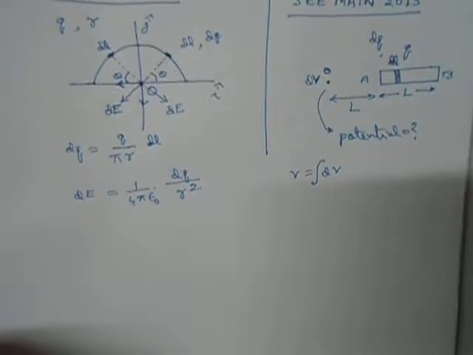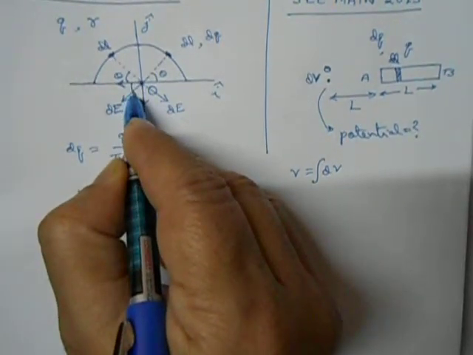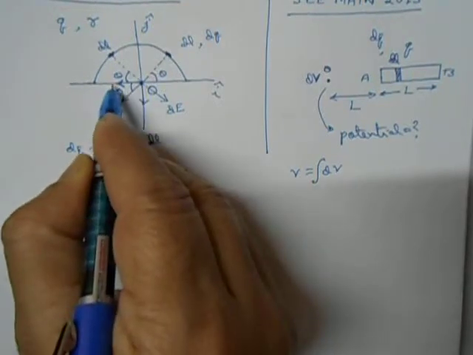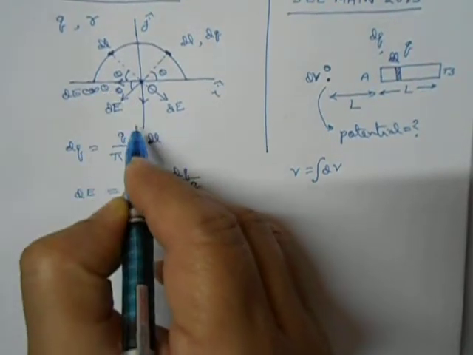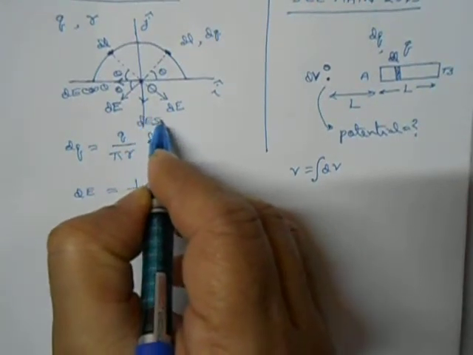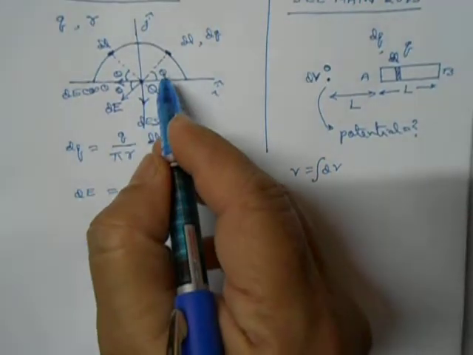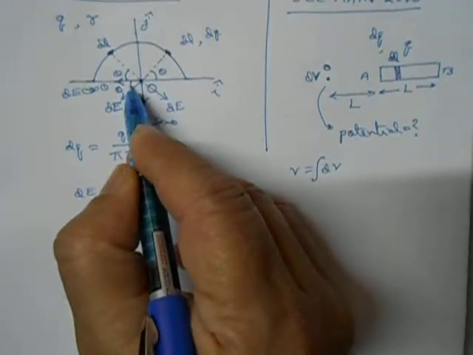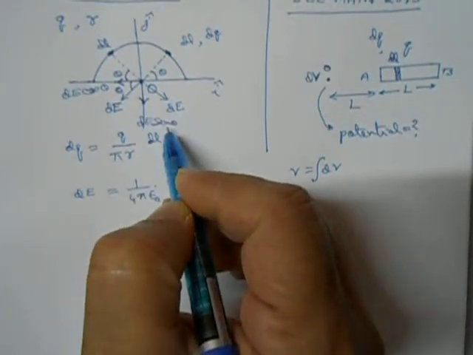I am finding the components of the E. Now if this is theta, this will be theta, so this component will be dE cos theta, and this component will be dE sin theta, right? So this is theta, this is the opposite angle theta, so this is dE cos theta, this is dE sin theta.